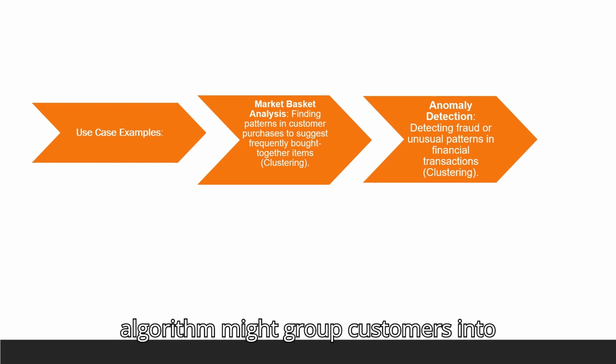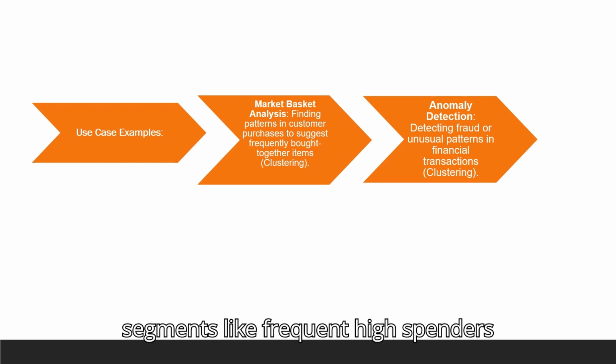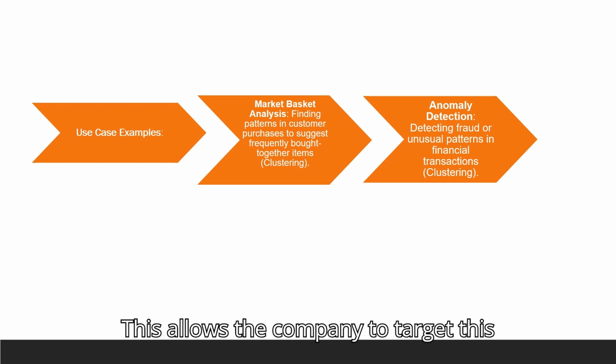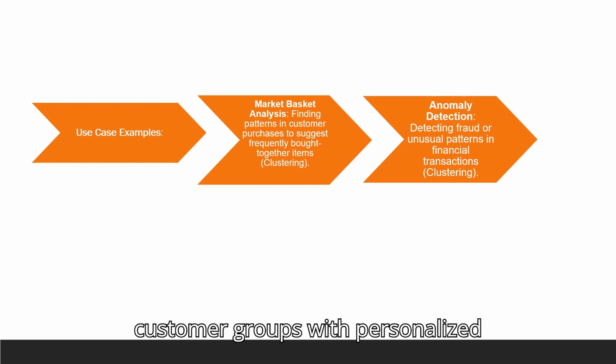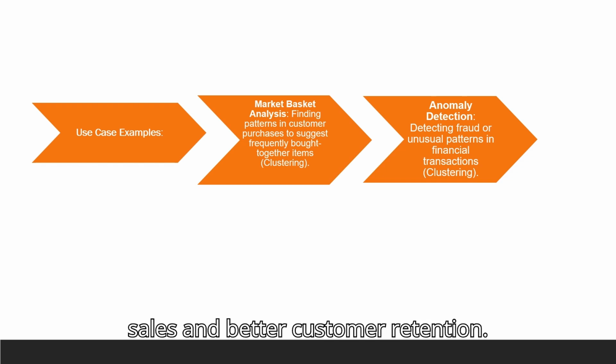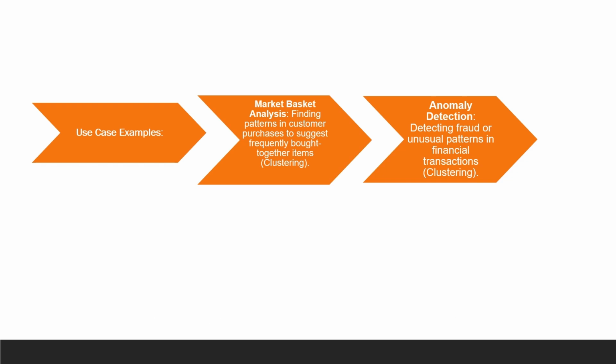The algorithm might group customers into segments like frequent high spenders or occasional bargain hunters. This allows the company to target these customer groups with personalized marketing, leading to higher sales and better customer retention.